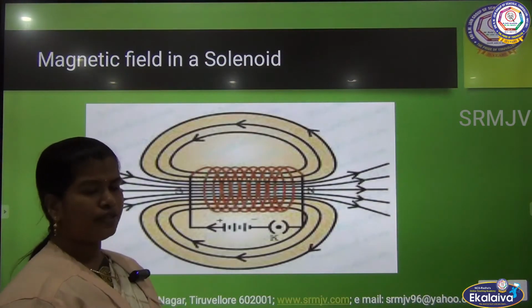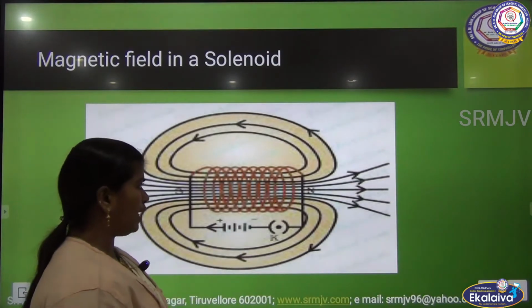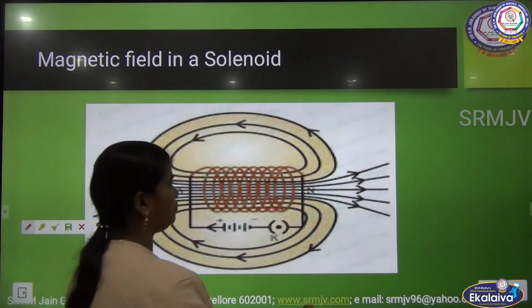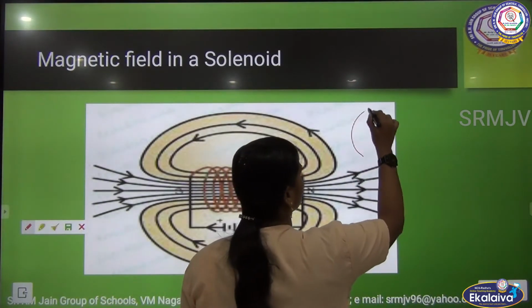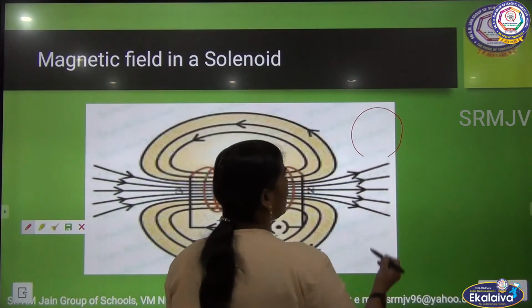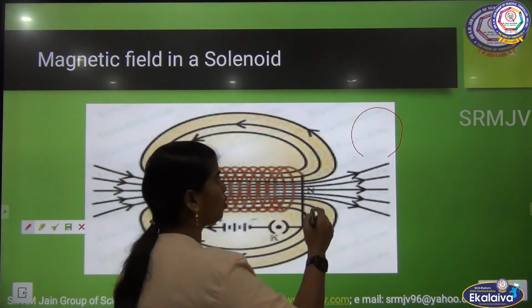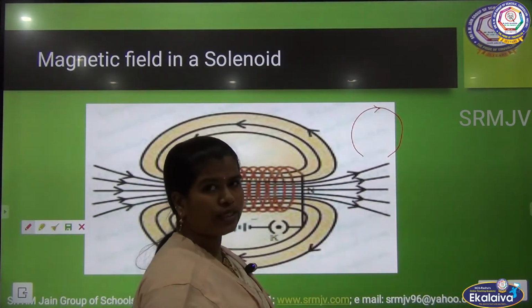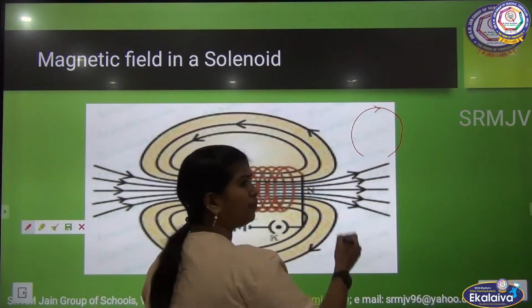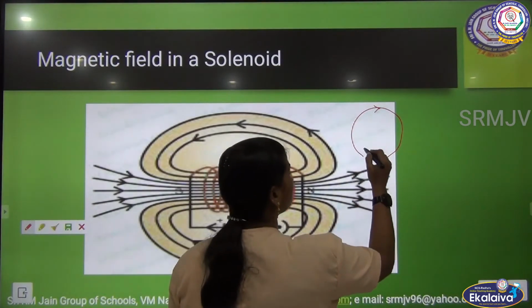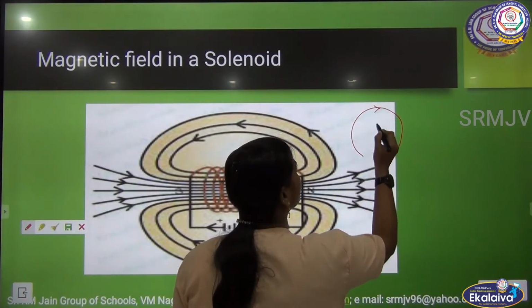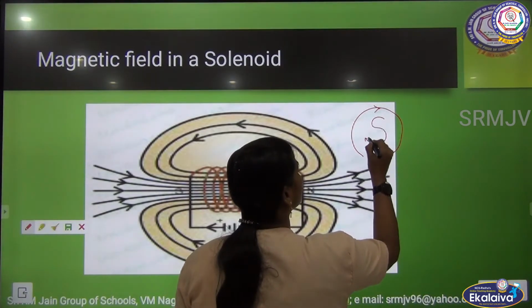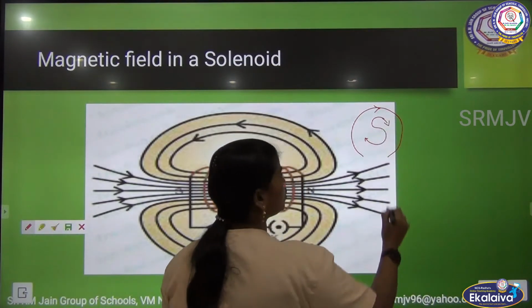In the clock face rule, let me draw a diagram. If the current flows in the clockwise direction, that terminal will behave as the south pole.